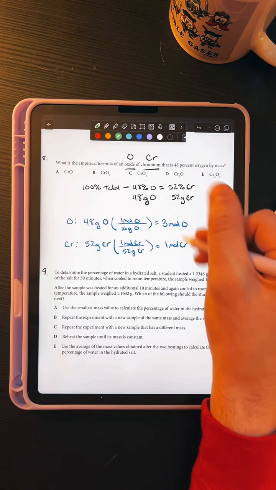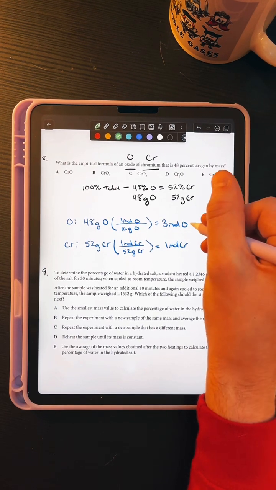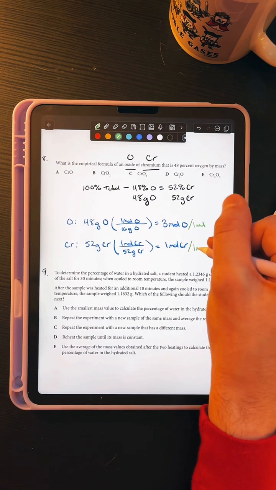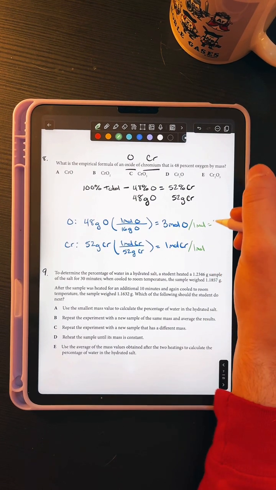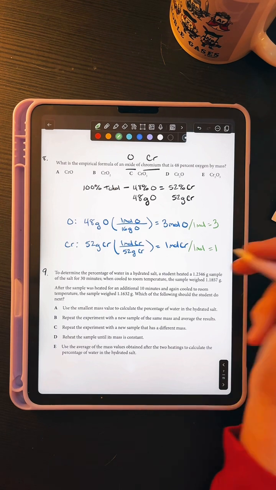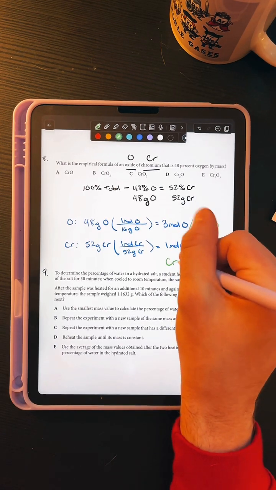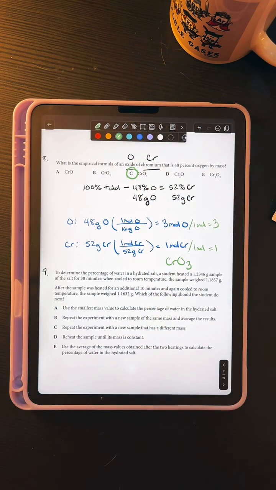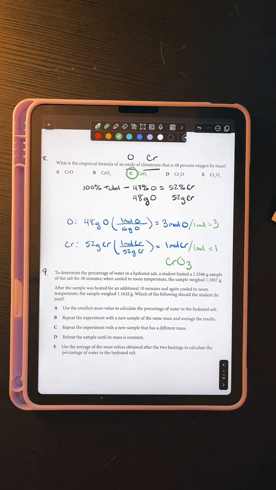We're going to look at the lowest number of moles, and we'll divide both of them by the lowest amount, which is 1 mole and 1 mole, giving us a value of 3 and 1. So we have CrO3, which is choice C. Nice job, everyone. I saw a lot of C's in there, so props to y'all.